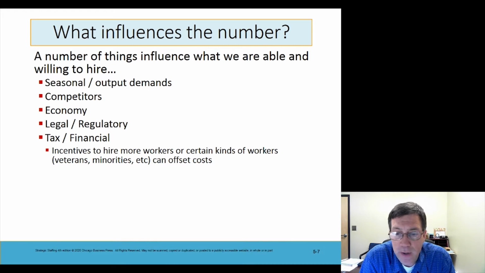Or if you hire minorities or things like that, we'll give you breaks. It may be that there are pieces of our compensation structure or our benefit structure that impact us tax-wise, that's pre-tax or it's tax exempt or anything like that. And putting money into these buckets of compensation gives us tax breaks.